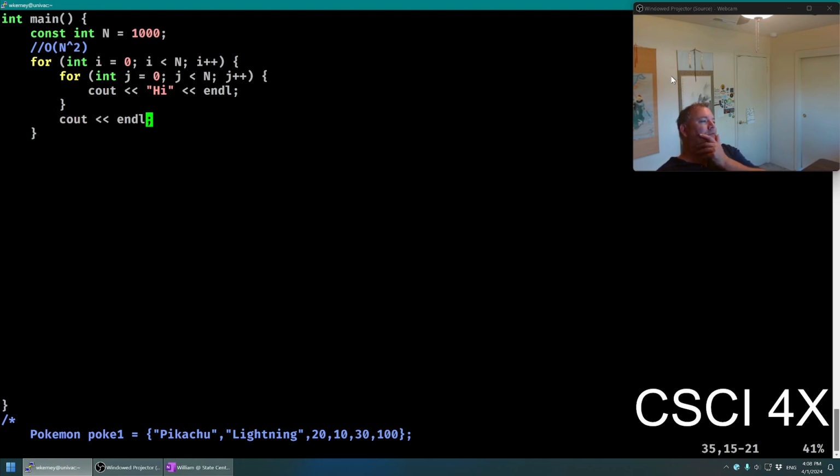The reality is, if you have the wrong Big O, right? Let's say you're doing vectors and you're inserting constantly at the front of the vector. You're doing order n work every time instead of order 1 work every time. And so if you do this n times, your algorithm is going to be n squared, right?